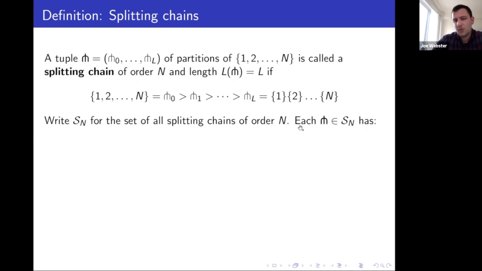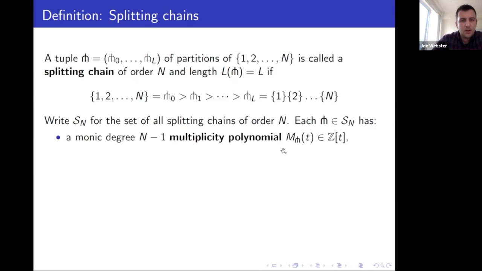First, let me remind you what these rational functions are in general. So attached to each splitting chain, we have a multiplicity polynomial that I showed you for that one example. It's always going to be monic, degree n minus 1, with integer coefficients. So it's pretty nice. It's built out of falling factorials in a similar way. We have a family of exponents that are defined very much the same way. These are a rank plus a sum of things choose 2 times beta.